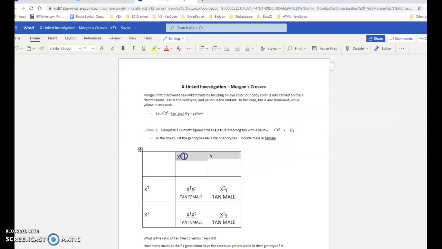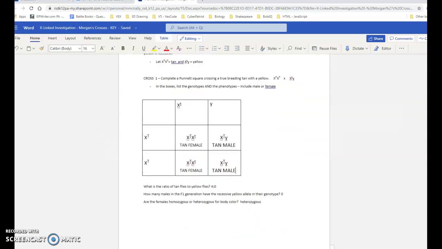So here's my male with the recessive trait, and here's my homozygous dominant female. And let's just jump down to what's the ratio of tan flies to yellow flies.